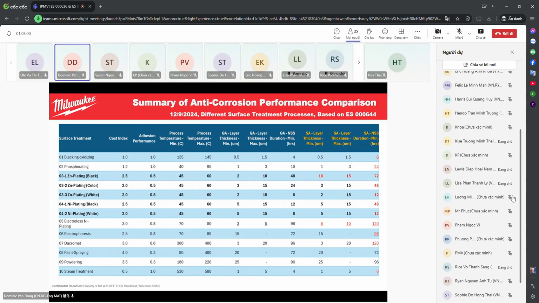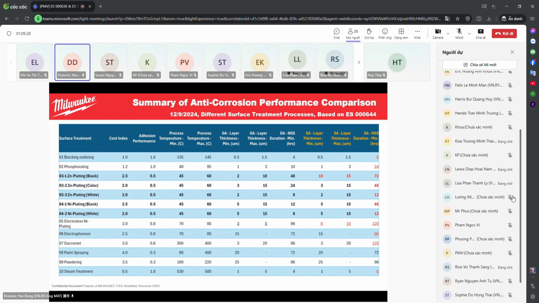Here we see black oxidizing, phosphating, then zinc plating. Zinc plating covers such a large family that it has different colors: black, colored, and white. The fourth one is nickel plating, which also has black nickel and white nickel. Then we go to electroless nickel plating.